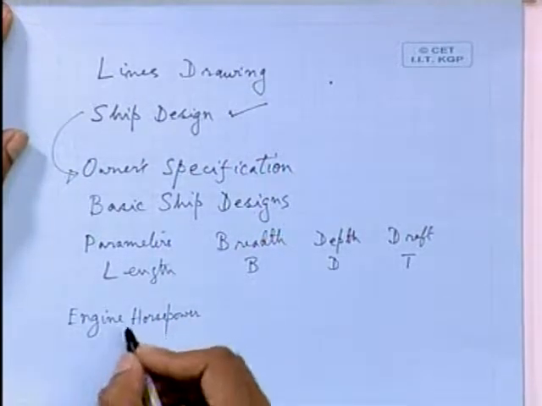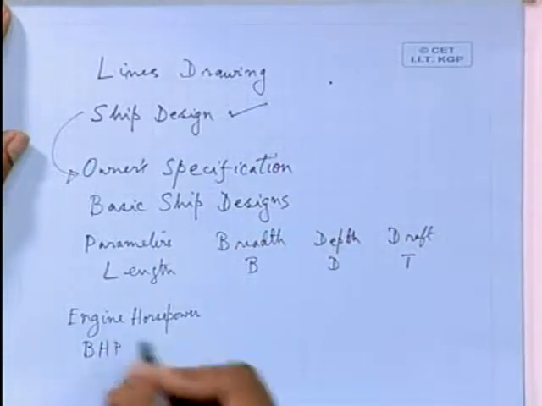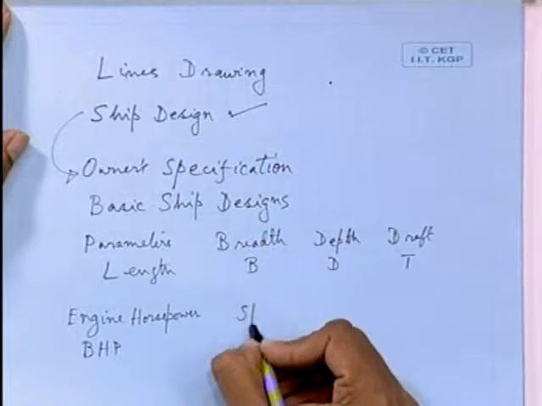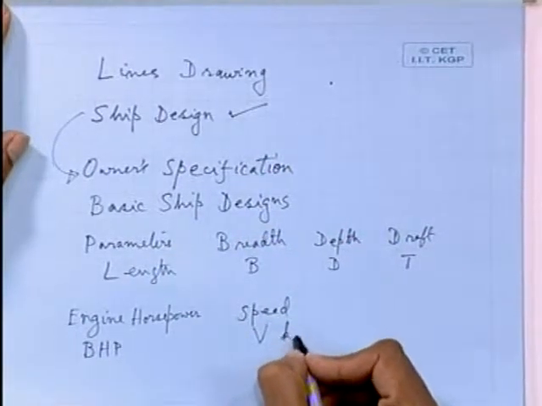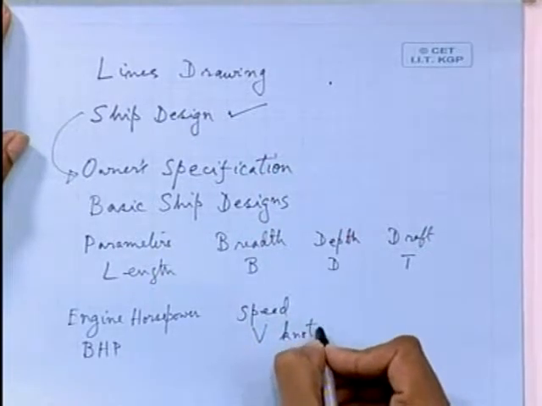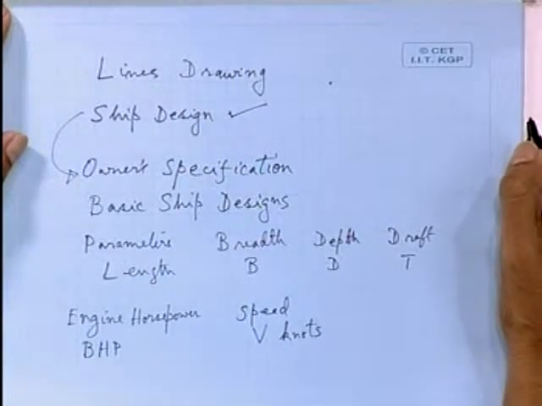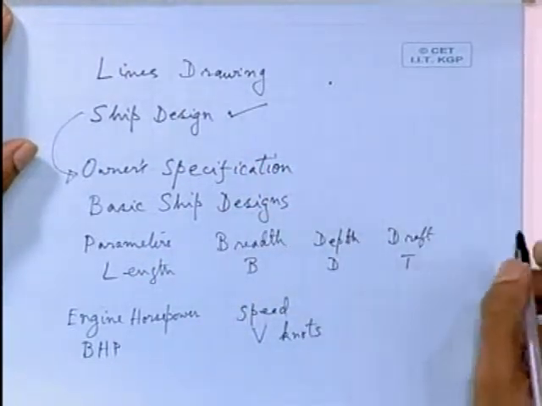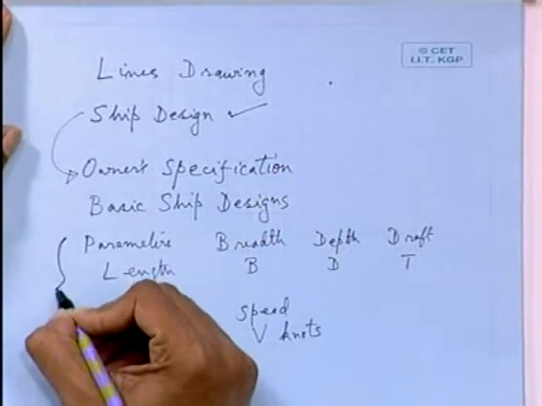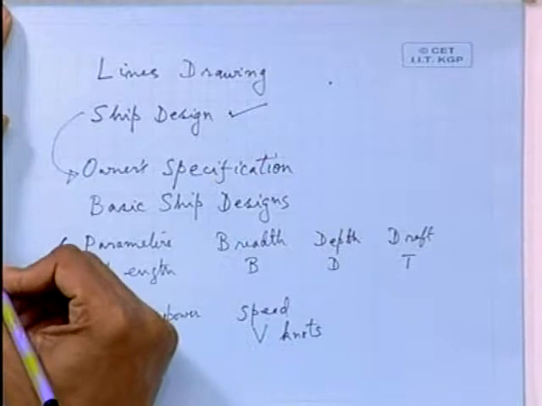This engine horsepower will give you the BHP of the main engine and also the speed of the ship, say speed V in knots. Now this is the basic fundamental work of the naval architect. He tries to configure all these, which are called principal parameters, especially your length, breadth, depth and draft. These are called principal parameters.